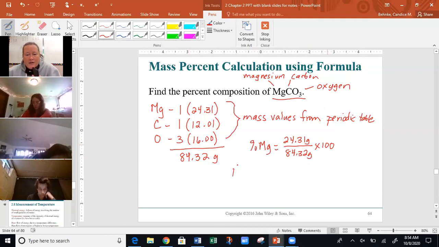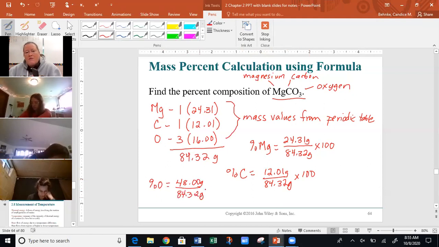My percent carbon is going to be 12.01 grams divided by 84.32 grams times 100. And my percent oxygen is going to be 48.00 grams divided by 84.32 grams times 100. I'm going to pick a different color to put these answers in.